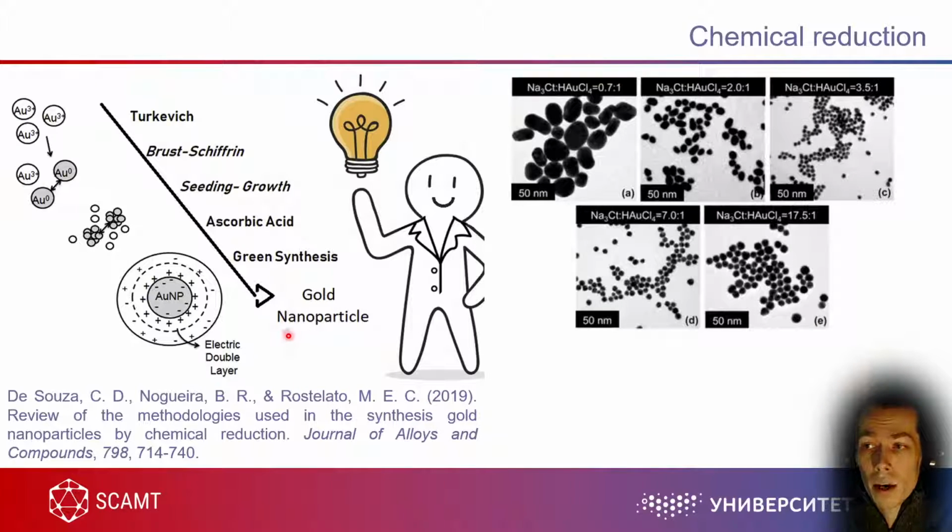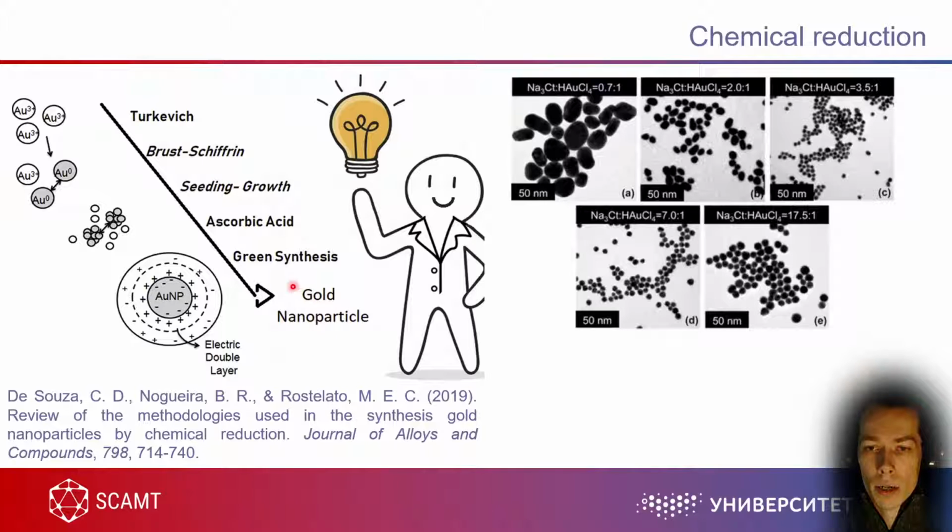But when we're talking about different reduction methods, there is one very important thing you need to know about particles produced by chemical reduction. To provide stability for these particles, you need to add something to their surface so they wouldn't aggregate.